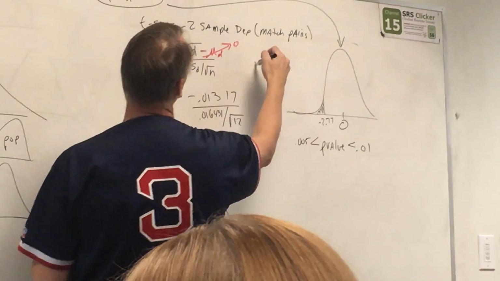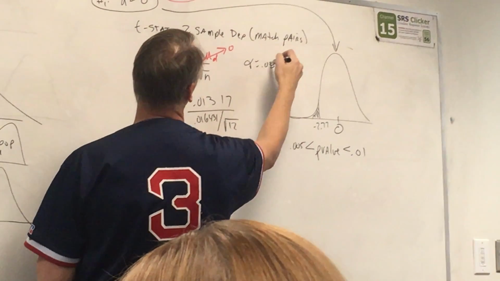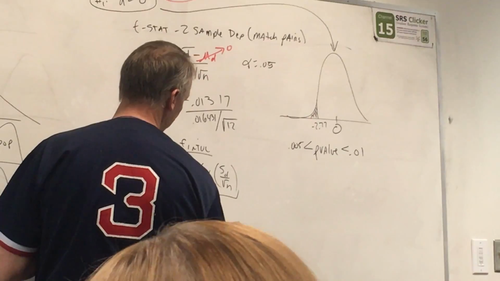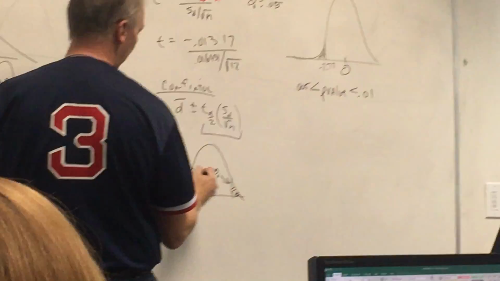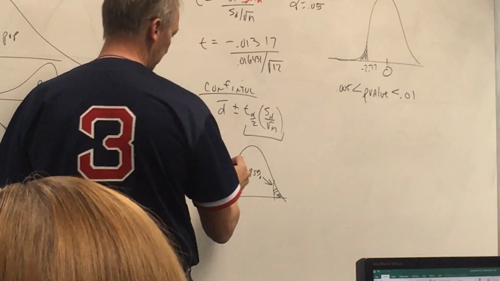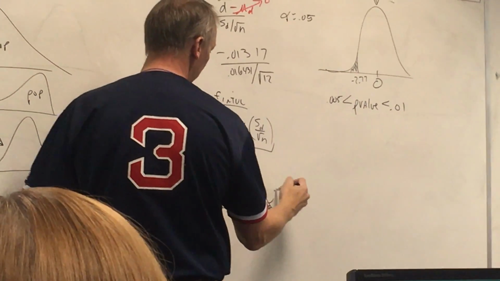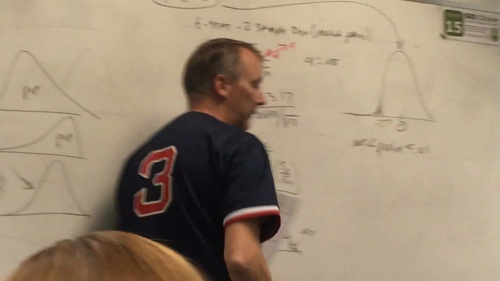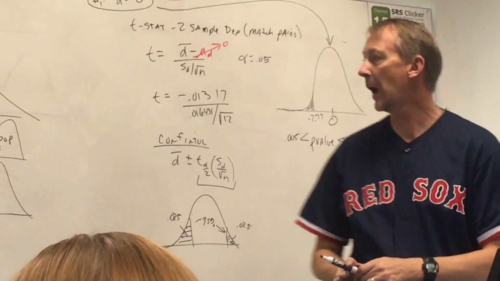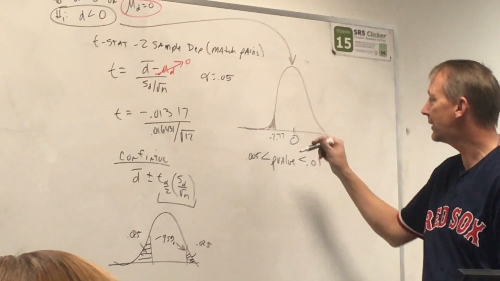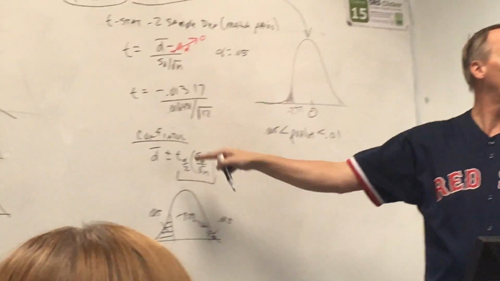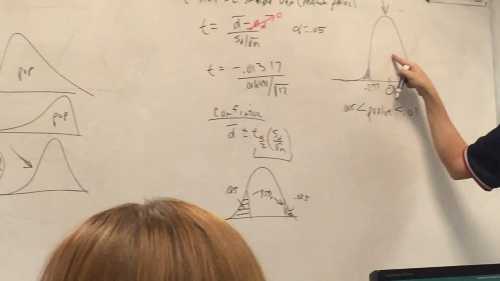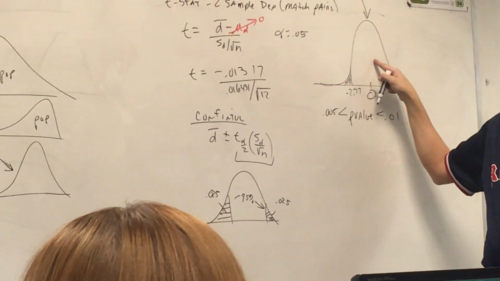If my alpha is 0.05, if I want to do a 95% confidence interval, how much area is in each tail? 0.025 and 0.025. Now, if I do this, which I'm more than welcome to do, remember, these are two different pictures going on. So these could disagree, because I'm doing two different things.